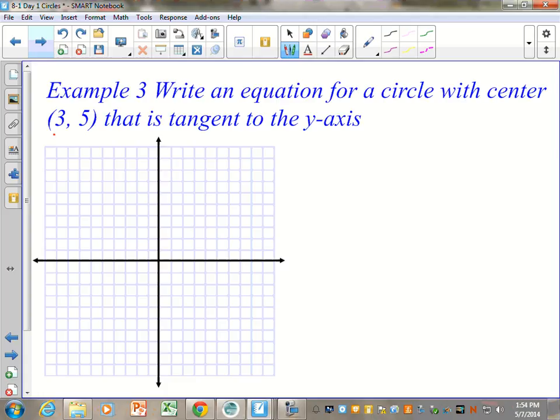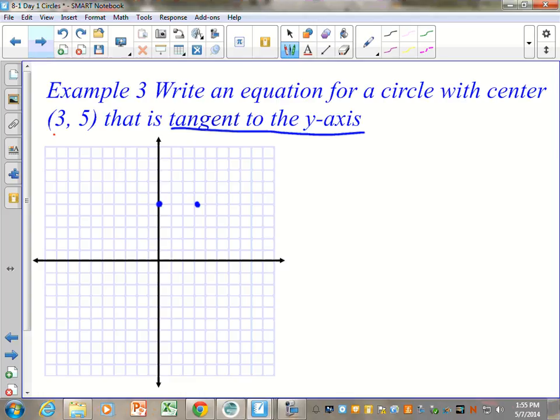You don't necessarily have to graph this, but sometimes visually it helps you to see this. If you graph the center at (3, 5), and you know tangent to the y-axis means it can only touch the y-axis in one point, what does the radius of that circle have to be? If the radius is 3, that's the only place it would touch.